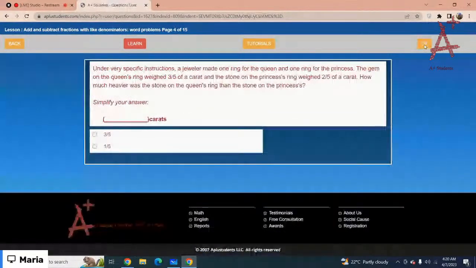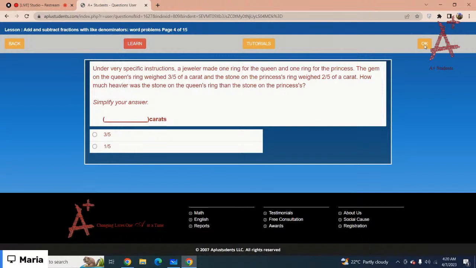Okay, the next one is, under very specific instructions, the jeweler made one ring for the queen and one ring for the princess. The gem on the queen's ring weighed 3/5 of a carat, and the stone on the princess's ring weighed 2/5 of a carat. How much heavier was the stone on the queen's ring than the stone on the princess's? Got it.